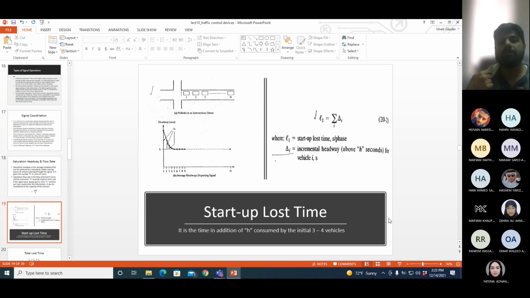The drivers who were farther down the queue had more time to prepare because when the signal became green, they already had 3 or 4 vehicles in front of them. So when their turn came to move, they were already prepared. And some of them are too restless and will start honking at you.